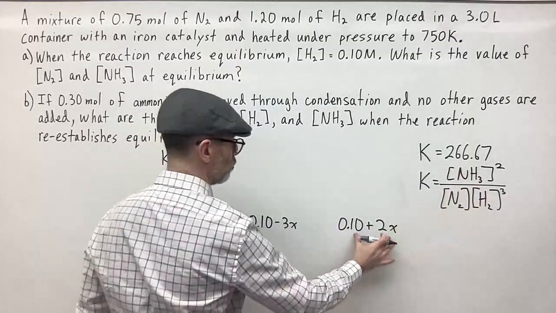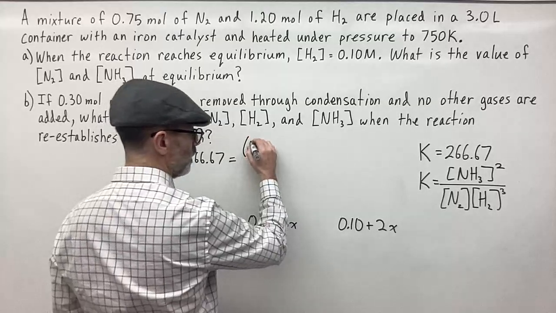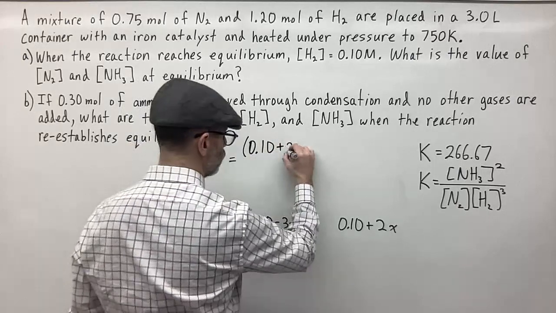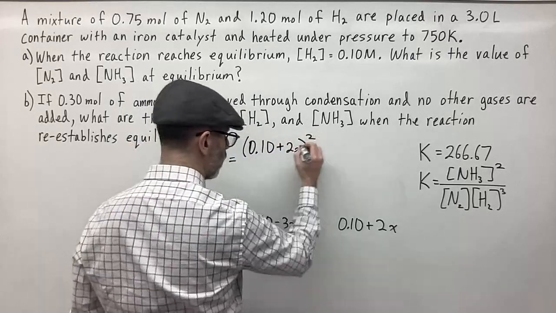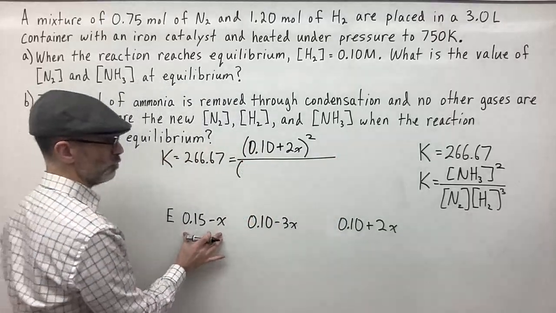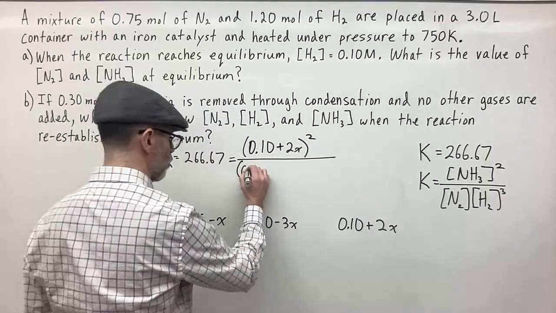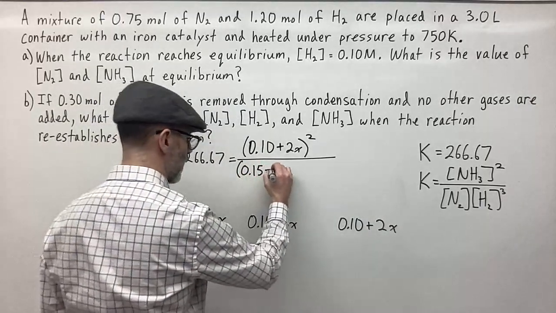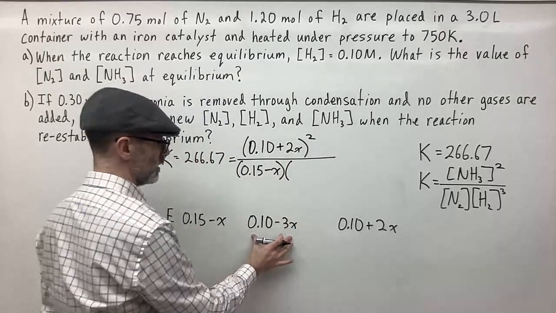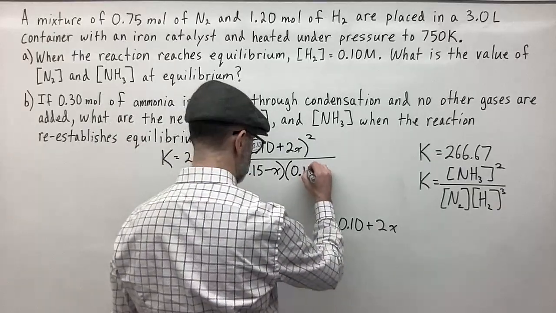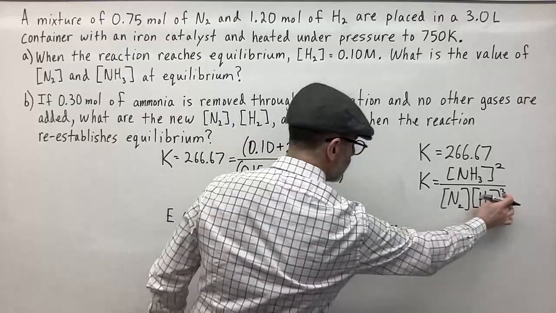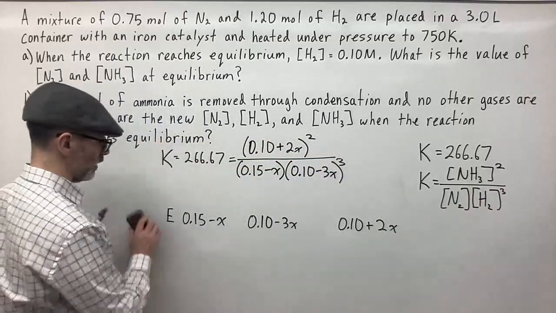This is the NH3 part, so it's going to be (0.1 plus 2x) squared, and that's all going to be over, this was the N2, so 0.15 minus x, and then we're going to divide by this here, (0.10 minus 3x), and remember this is cubed. And so let's go ahead and erase this.